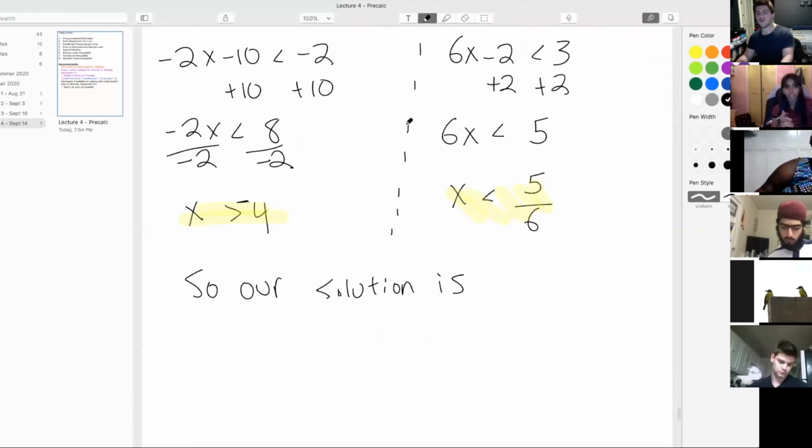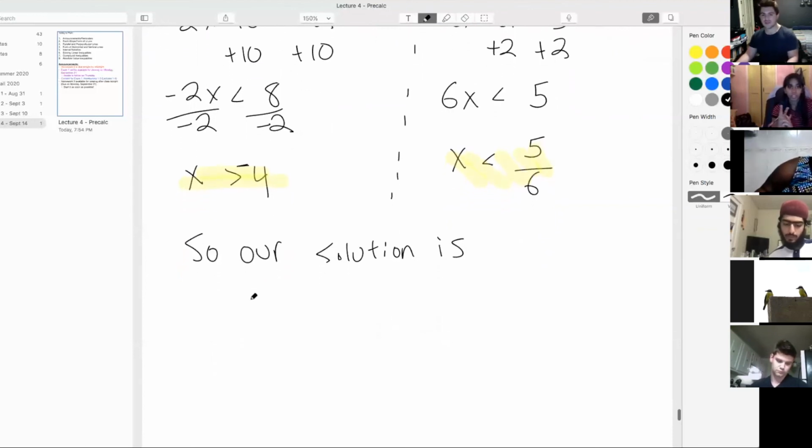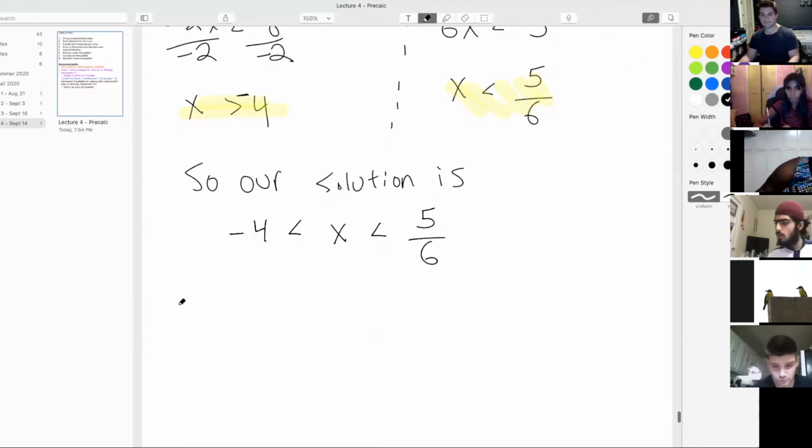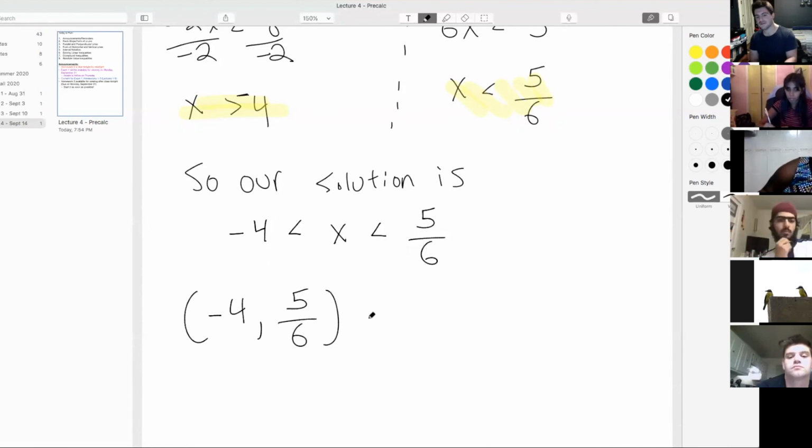So now we're looking for x is greater than negative 4, but also less than 5/6. So it's going to be negative 4 less than x less than 5 over 6. We're not including the points negative 4 and 5 over 6, so we'll use parentheses in our interval notation. So negative 4 comma 5 over 6.